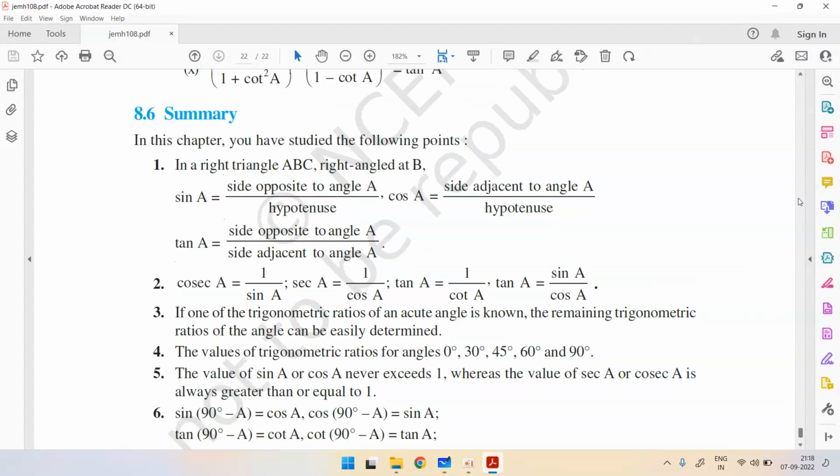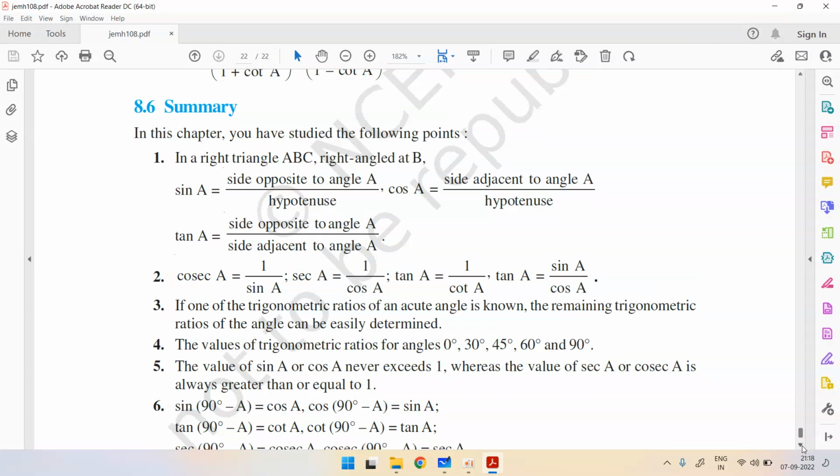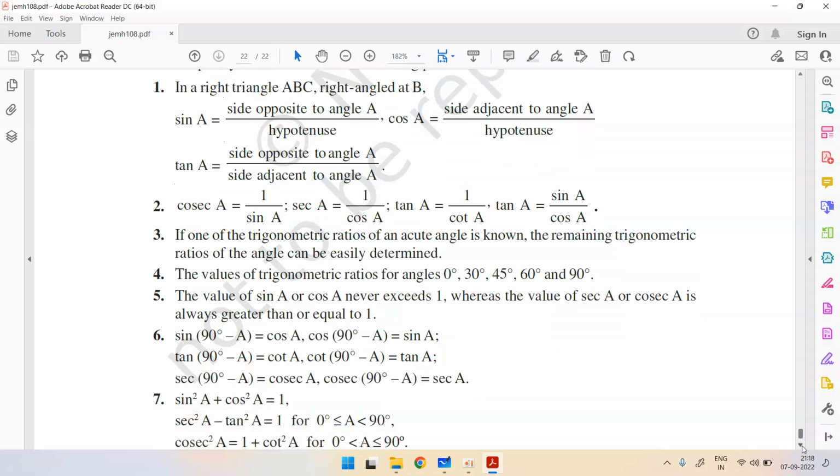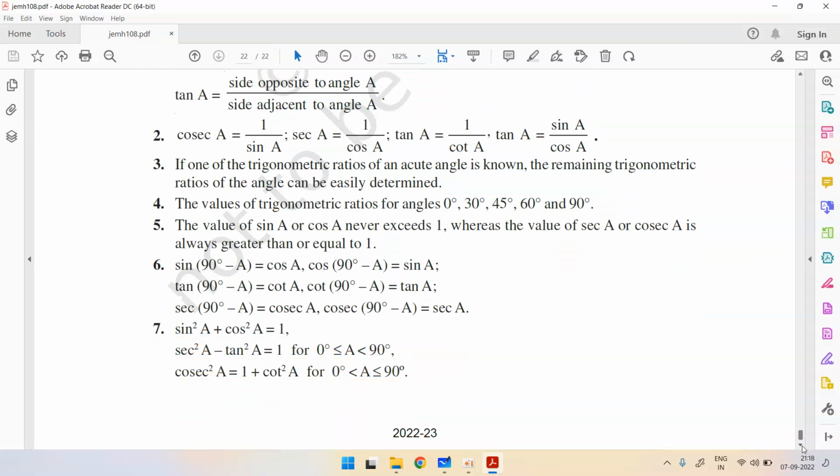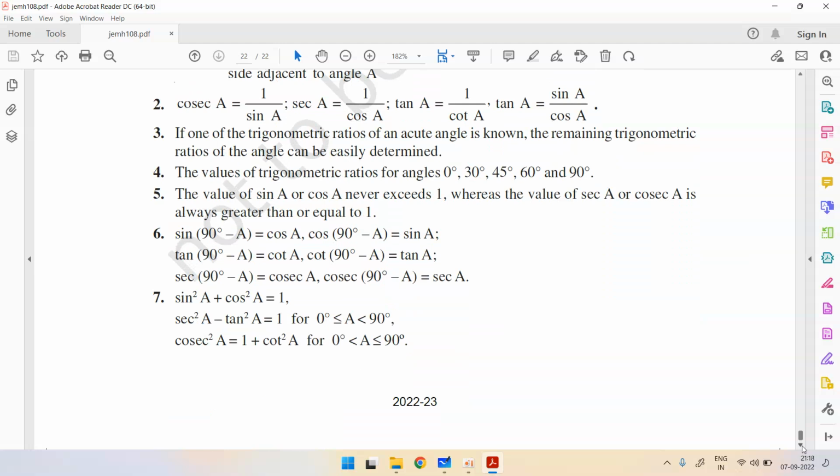Now am I forgetting something? Let me check. Yes, I have told this, sine theta. Yes, I have told this is equal to 90 degrees. Yes, I have told this.